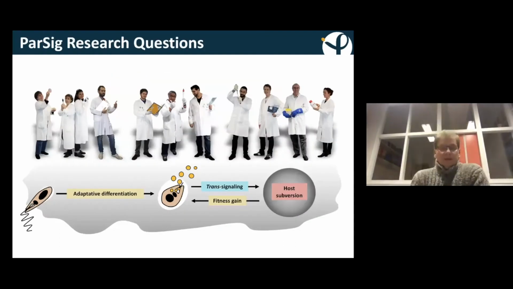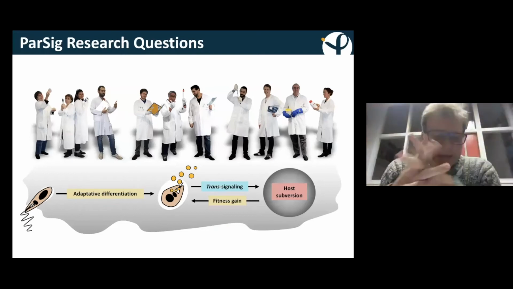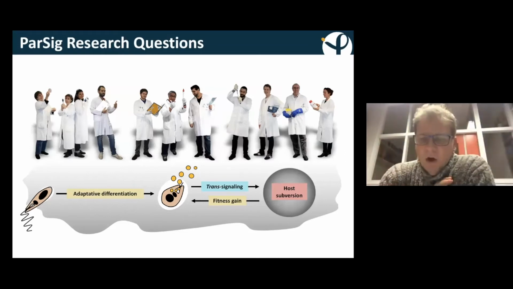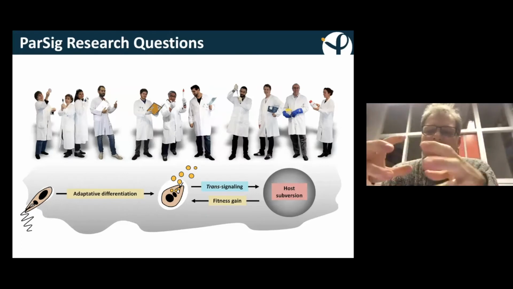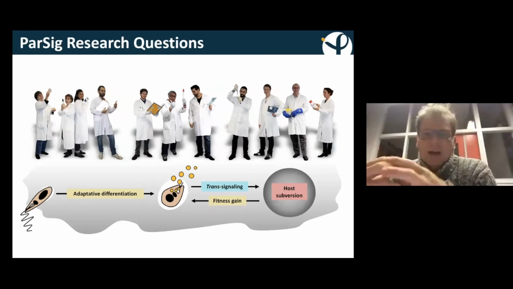So here's again the team, and I will give you a very brief overview of the projects we're working on. All the projects in my lab are really about studying the interaction between Leishmania and its host cell, the macrophage. There are so many questions we don't understand.